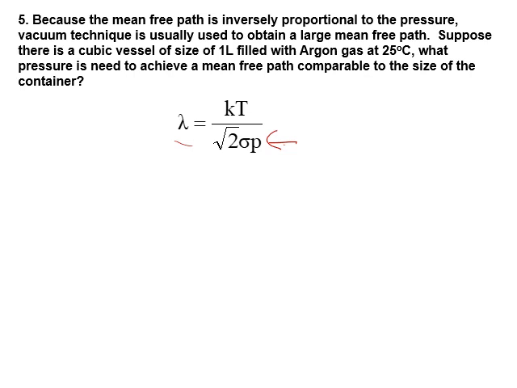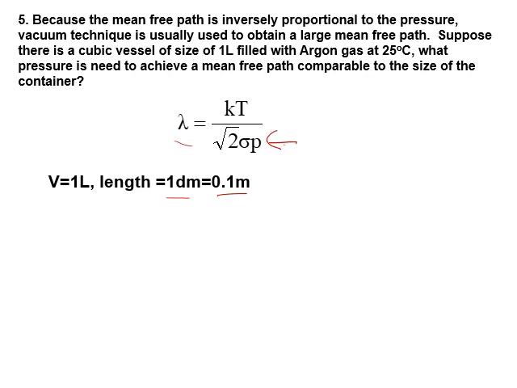Now suppose there's a cubic vessel of size 1 liter filled with argon gas at 25 degrees. What pressure do you need to achieve a mean free path comparable to the size of the container? First calculate the dimension of this container. 1 liter means the length is 1 decimeter, or 0.1 meter. That's the dimension of this container.